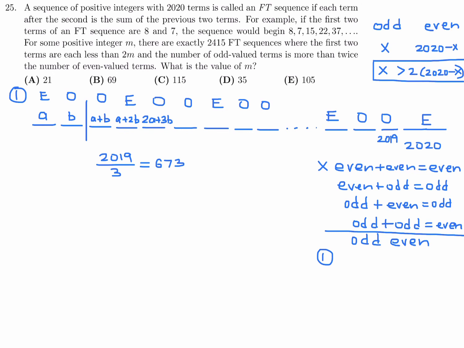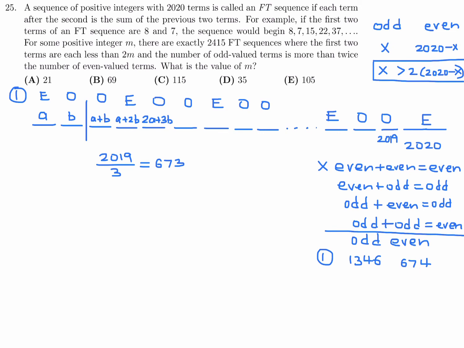So that means there's 673 of these EOOs. Well, that means there's 673 E's, because each of those EOOs has one E. And then how many odds? Well, each EOO has 2 O's, so 673 times 2 would be the number of odds, and 673 times 2 is 1346. But don't forget the last E, so that's going to add here, to make that 674.